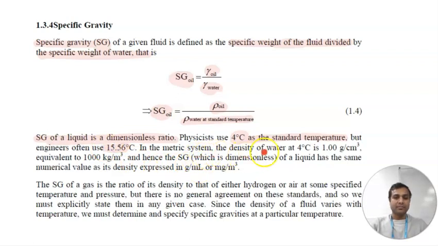In SI units, the density of water is 1 gram per centimeter cube, which is equivalent to 1000 kilogram per meter cube. So the dimensions are the same in density, so it will be a dimensionless quantity. When you write it down, you need to write at what temperature and what pressure the values for the specific gravity apply.